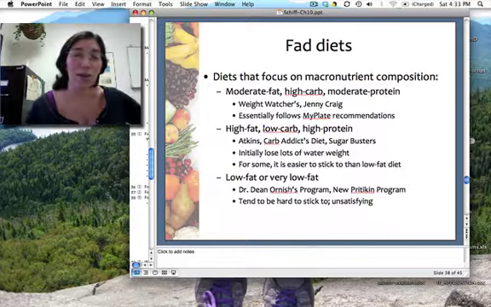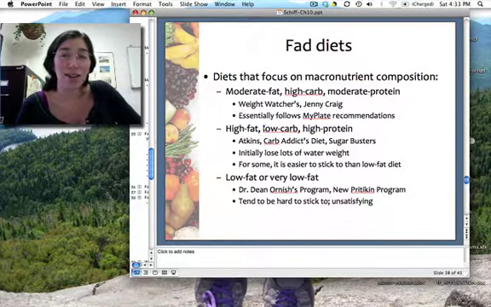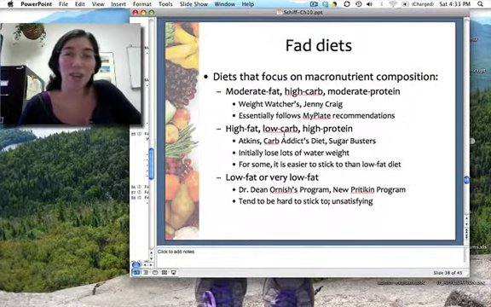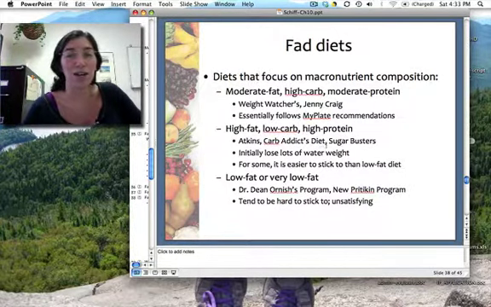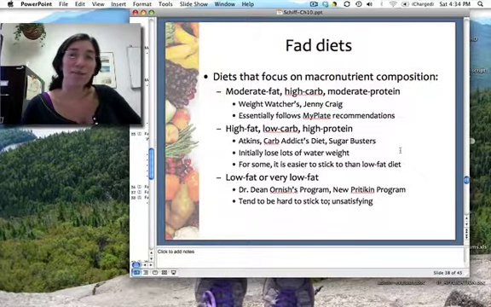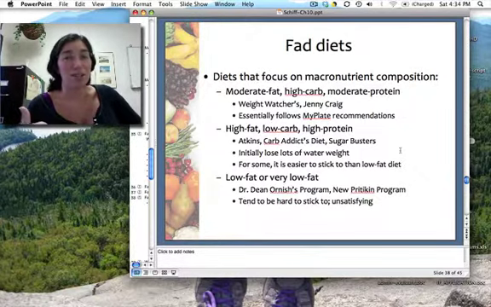So the low carb diets are the Atkins diet. Some others include Sugar Busters, Carb Addicts, even I think South Beach diet started out as a low carb diet. These programs essentially ask you to cut your carbs and therefore increase your fats and increase your proteins.